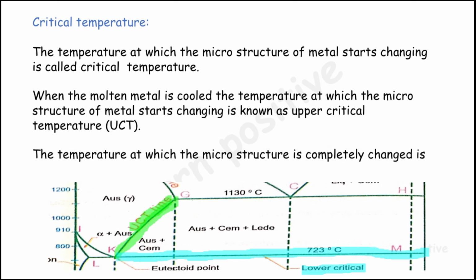So it was shown in the green structure. Now the iron is heated and changes temperature from 723 degrees Celsius to 1130 degrees Celsius. It is said to be the upper critical temperature.